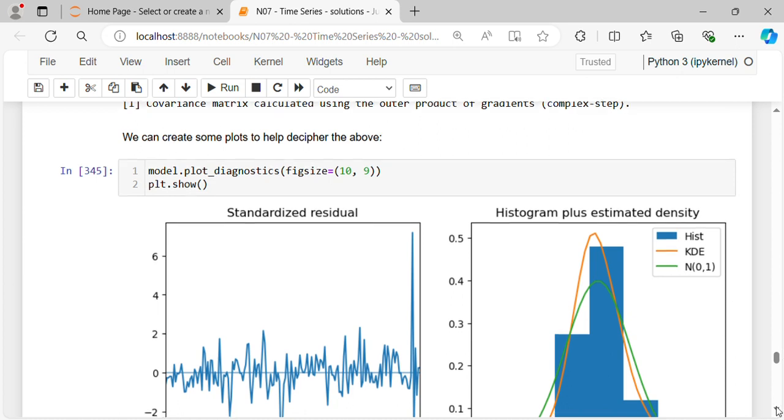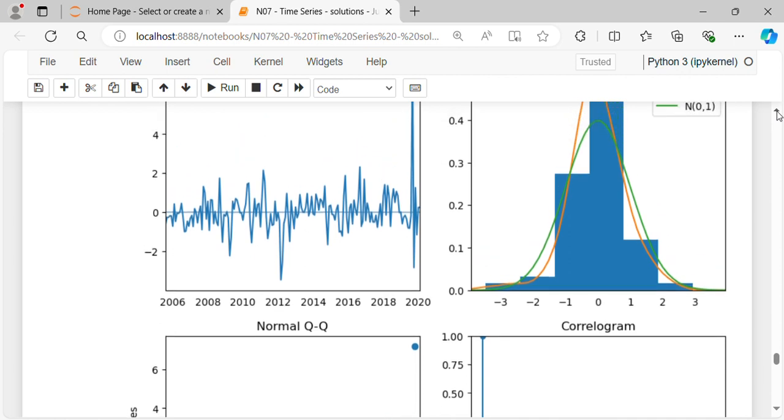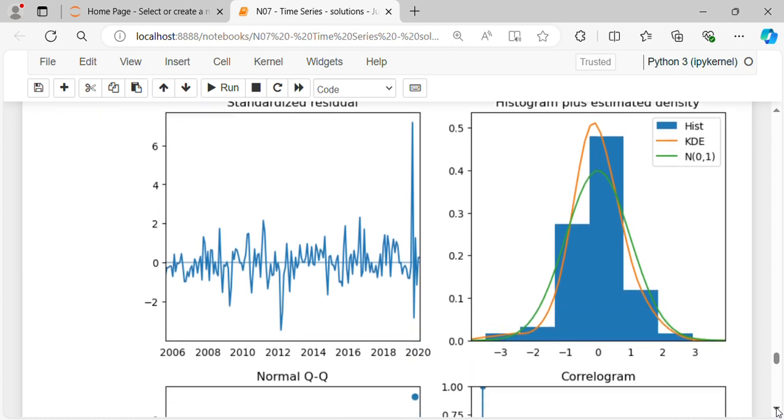Now there are 4 graphs plotted. The first graph is the standardized residual, and we can see that the standardized residuals are around 0, but in the year 2020 there are some residuals which are very high.